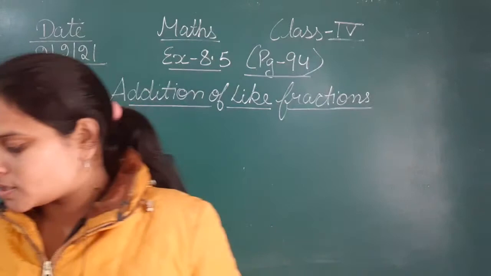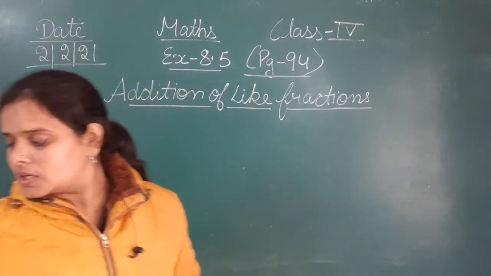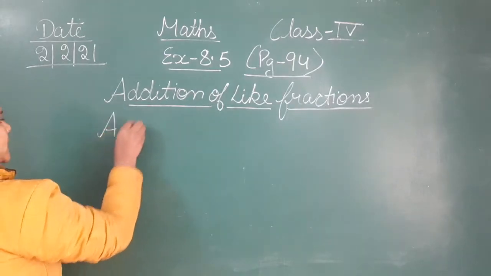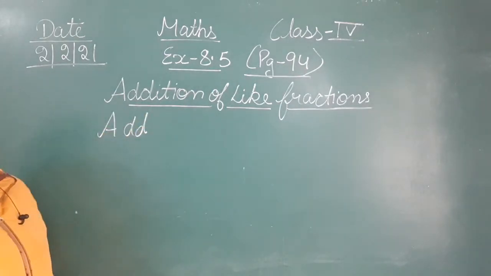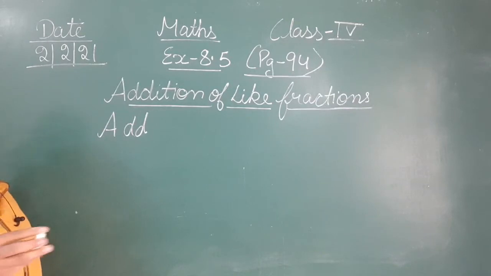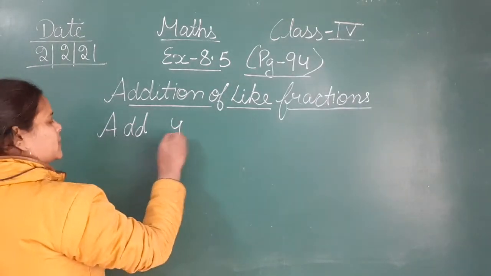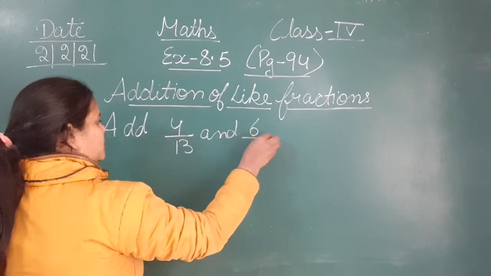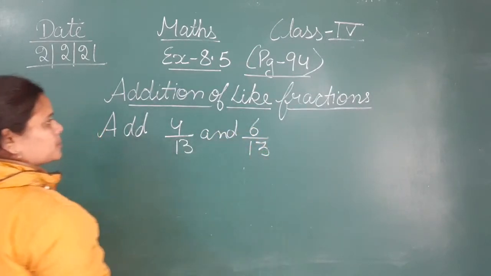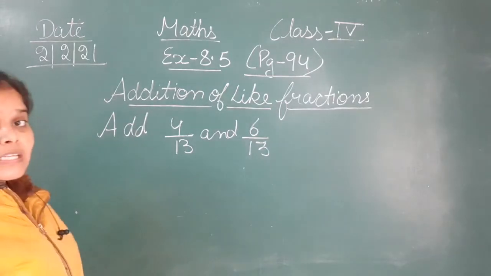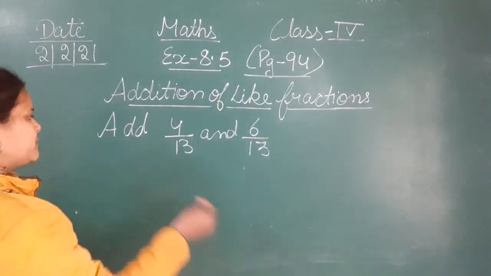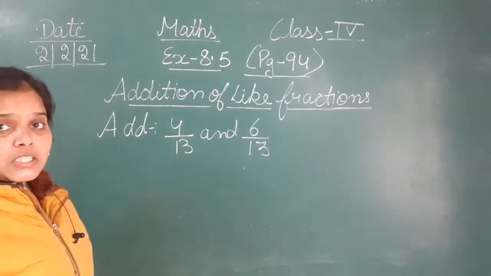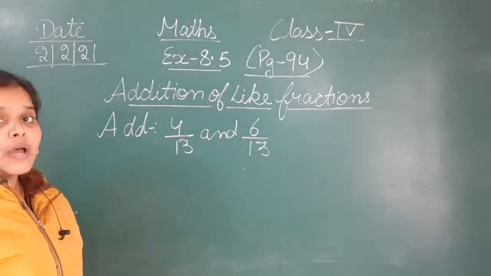Addition of fractions. Okay, so I will give you some examples. It is given that, suppose, 4 upon 13 and 6 upon 13. You can take any random fractions. Suppose these two fractions are given and it is being said to add 4 upon 13 and 6 upon 13. आपको इनको add करना है.